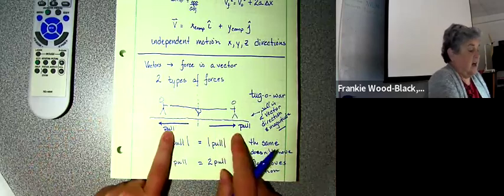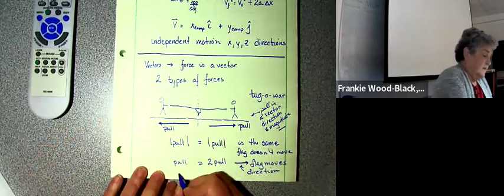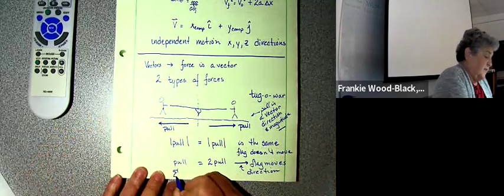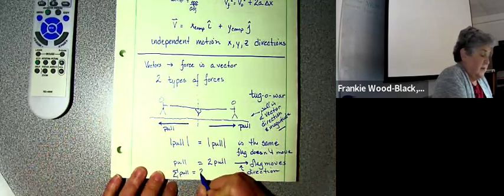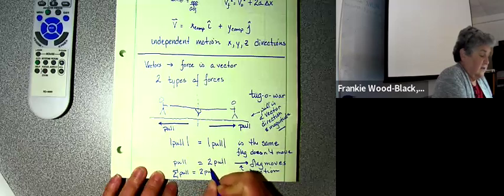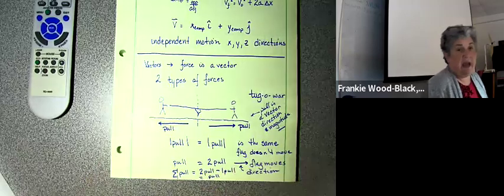So the sum of this, in this case, the sum of the pull, if I look at that from that perspective, it's going to be 2 pulls in that direction minus 1 pull in the other direction, and it's going to have the magnitude of whatever this person is pulling at.